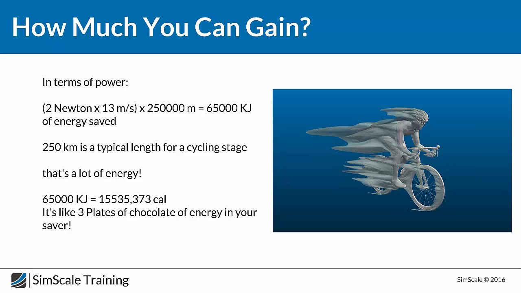So as you can see, for just 2 newtons, you can save a lot of energy for your rider. It's really important to have the right aerodynamic shape for the bike.